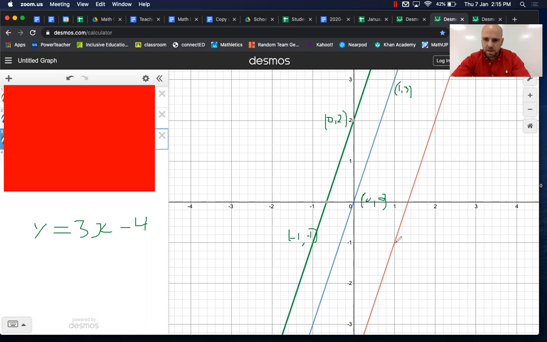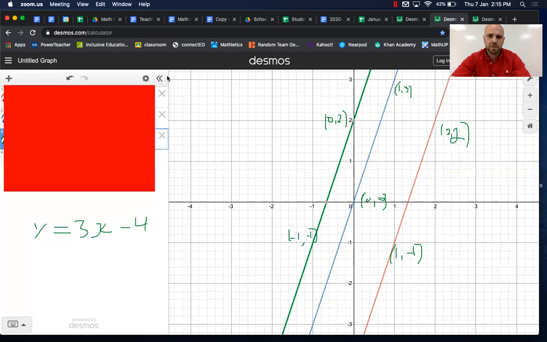Let's look at this one here. Let's take the point (1, -1), and then it goes up to (2, 2). As it moves over 1, it goes up 1, 2, 3. So that one still works. All of them so far seem to be working for exactly what we're looking for.